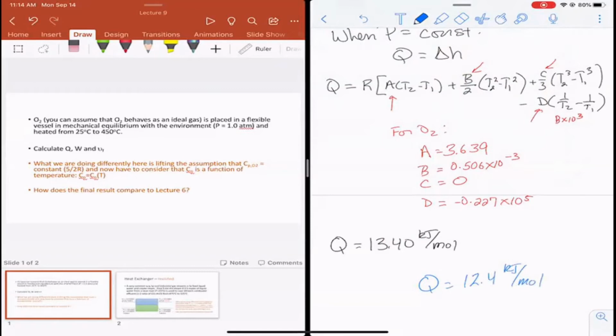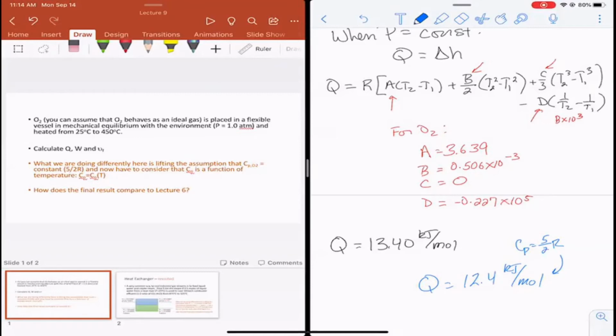So they're definitely different, right? If we just assumed that the constant pressure heat capacity is 5/2 R, that's what you get. And that always, at least for me, leads to a question of, is that significant?